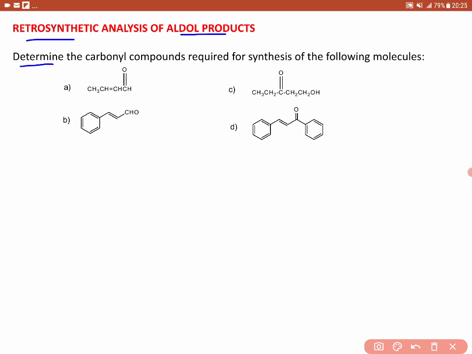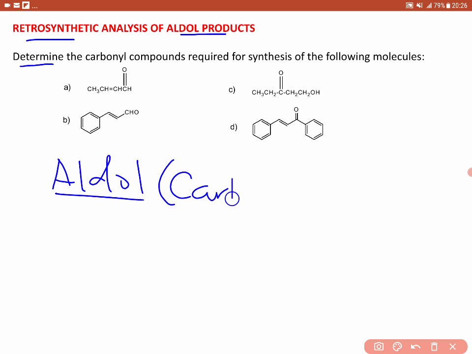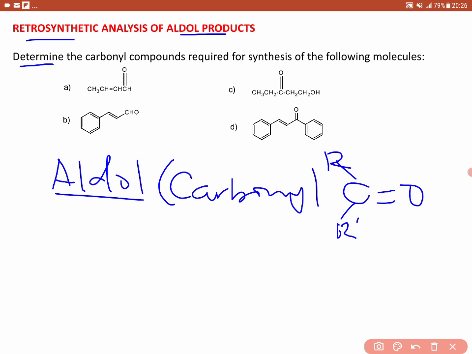given target molecule. And so we need to recall that when we have an aldol reaction, it normally takes place in carbonyl compounds, and mainly these carbonyls are the ketones and the aldehydes.